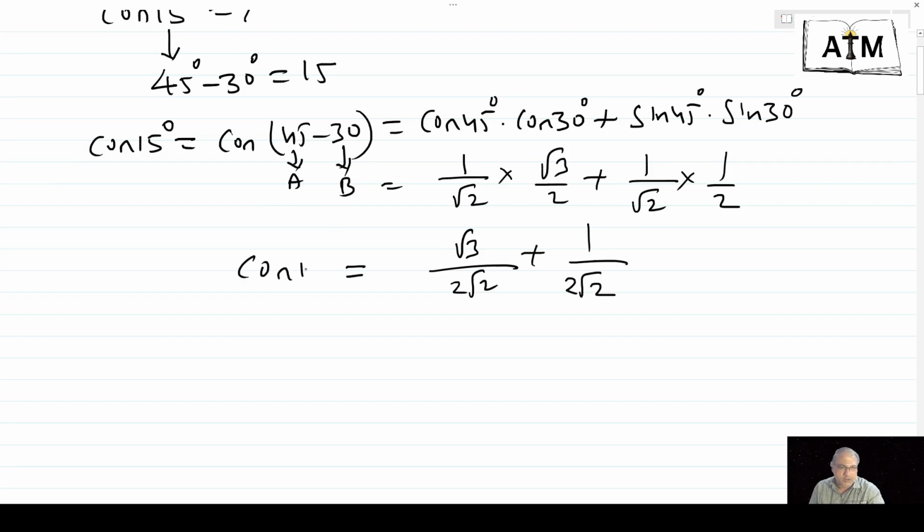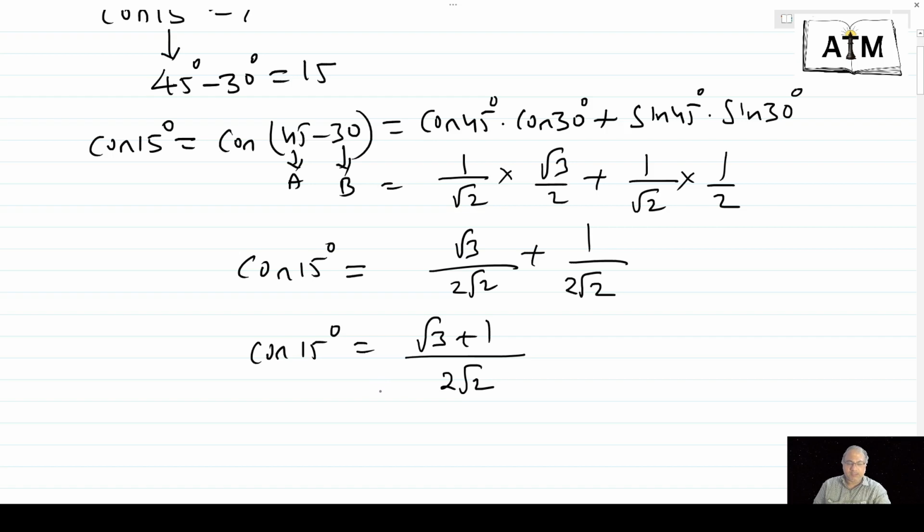That is cos 15. The denominators are equal, so we can add the numerators. So we get cos 15 equals root 3 plus 1 upon 2 root 2. This way, cos of A minus B can be utilized to find some other suitable angles.